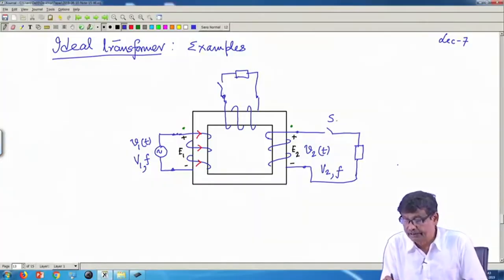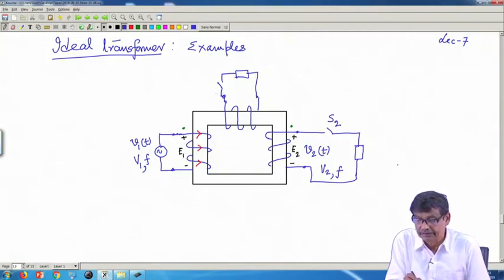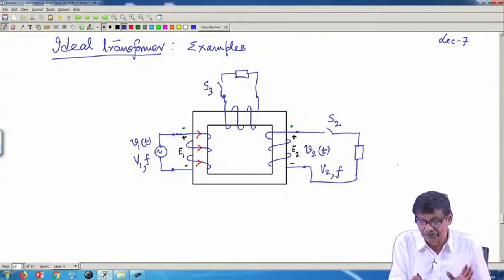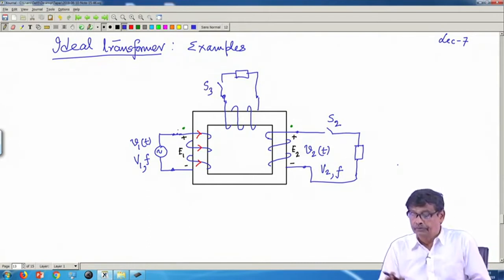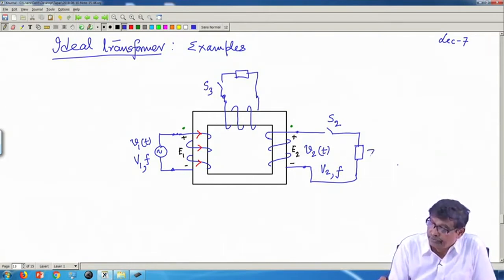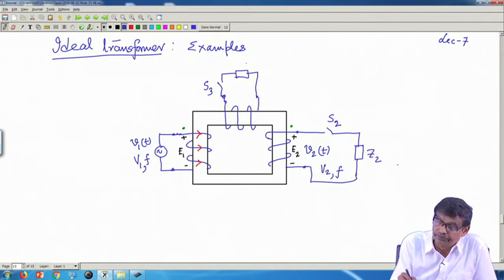Another switch: this is S1, say S2, this is say S3. This is Z2 and this is Z3.